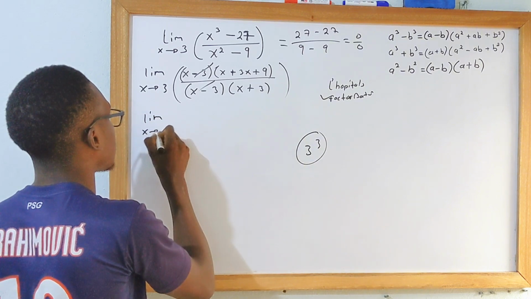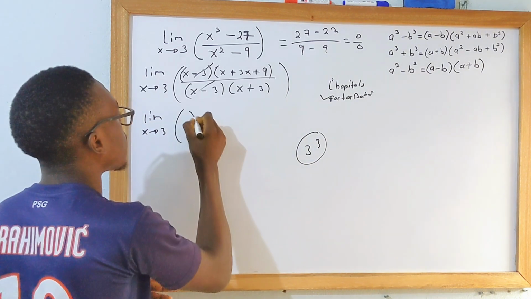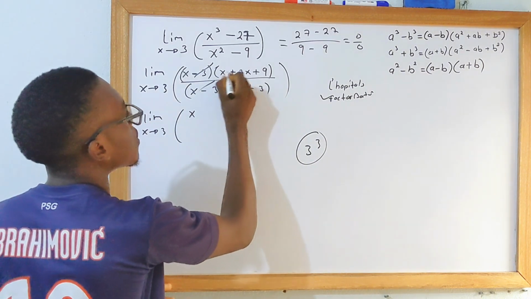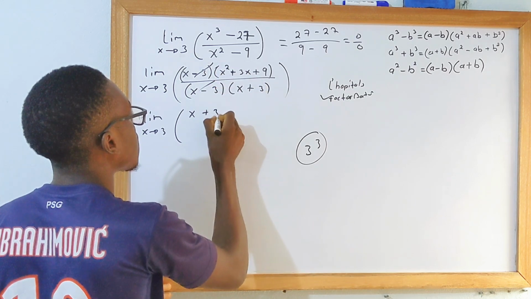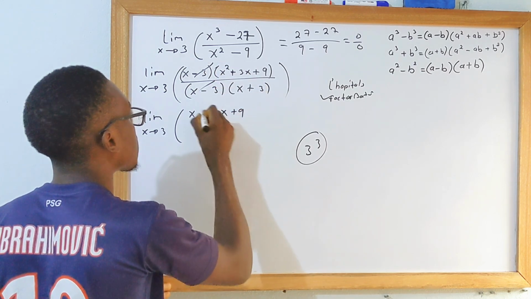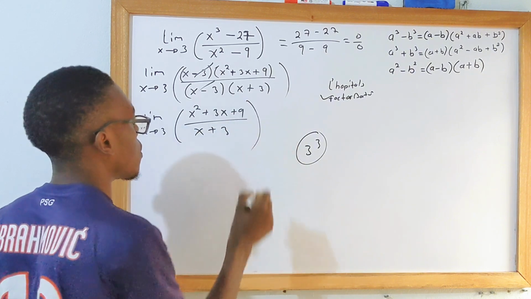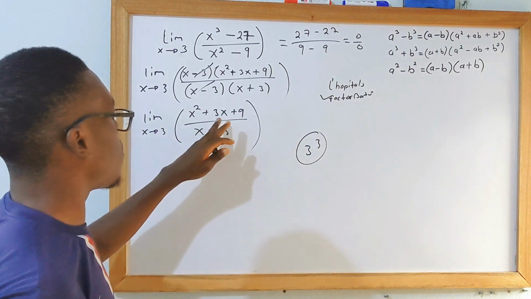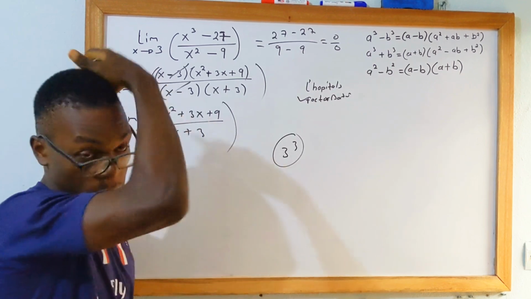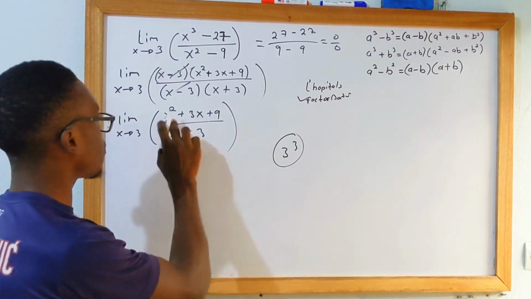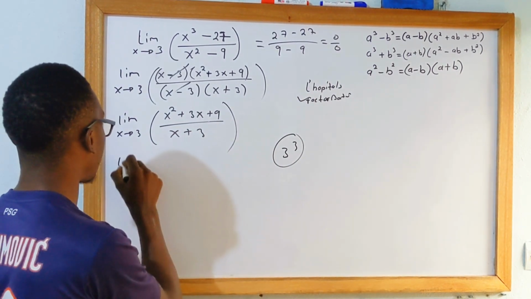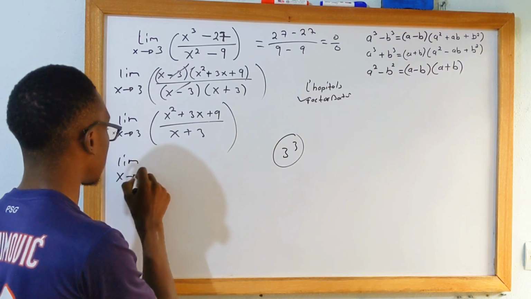The limit as x tends to 3 of (x squared plus 3x plus 9) all over (x plus 3). At this point, we can just substitute the 3 here to have the limit as x tends to 3.